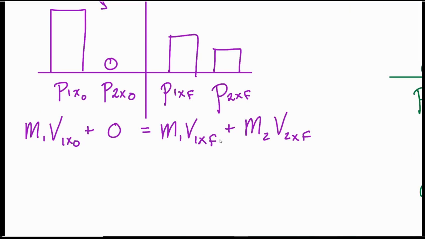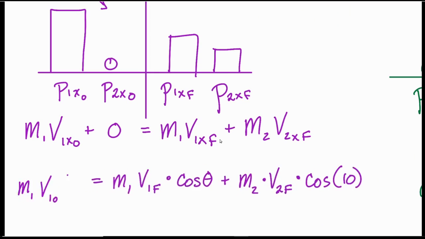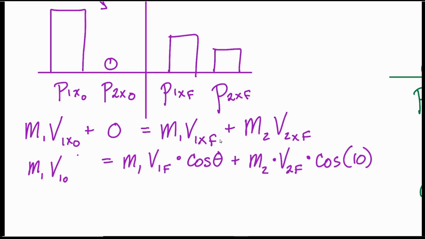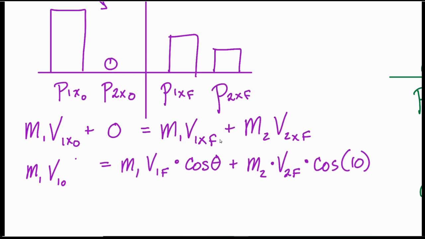So now what I'm going to do is instead of v1 x naught and v1 x final and v2 x final, I'm going to put them in terms of v1 and v2. And when I look at the starting velocity of v1, at the beginning it's all in the x direction, so I just left it as v1 naught to show that it was the starting velocity in the x direction, or the starting velocity in total.